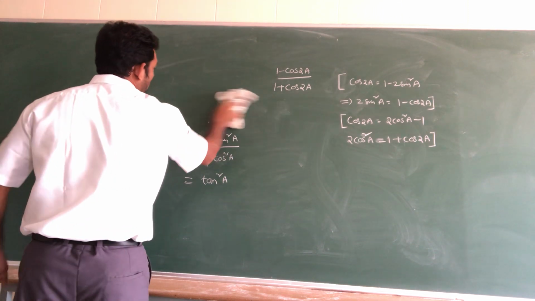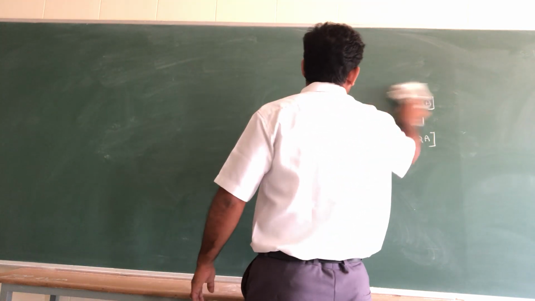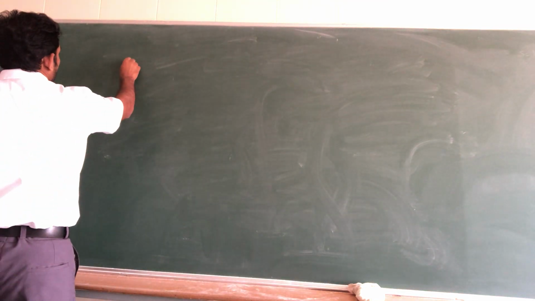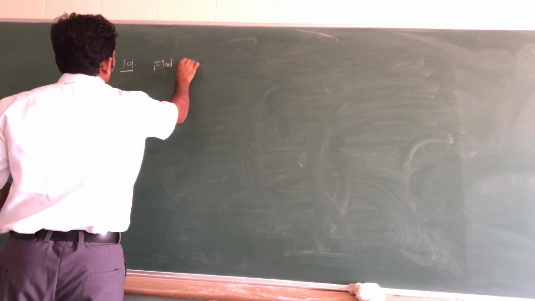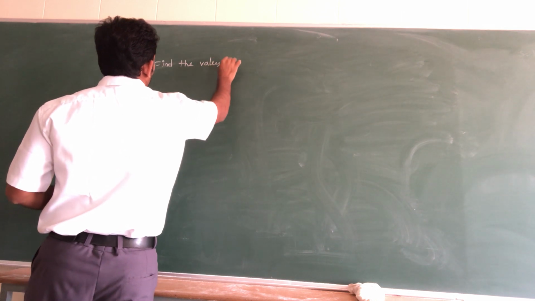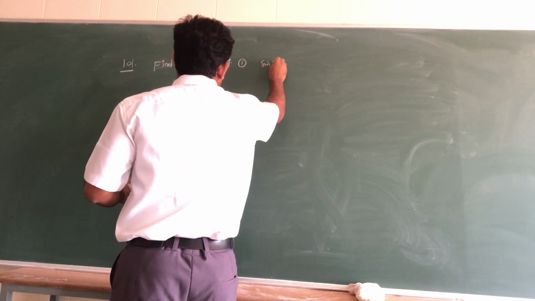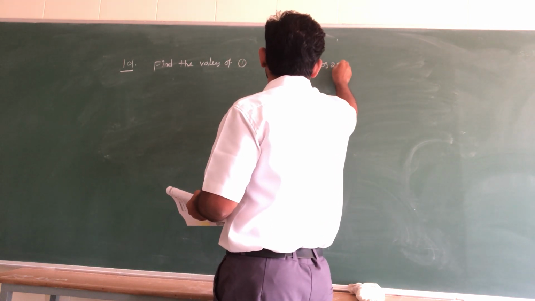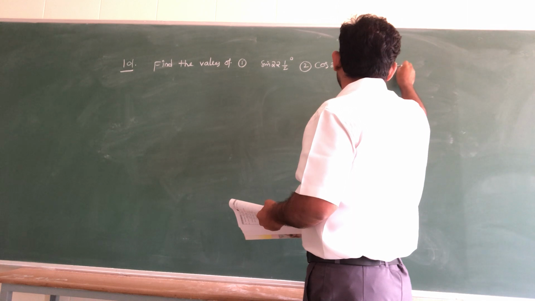Question number 101. Find the values of: first one, sine 22.5 degrees; second one, cos 22.5 degrees; third one, tan 22.5 degrees.